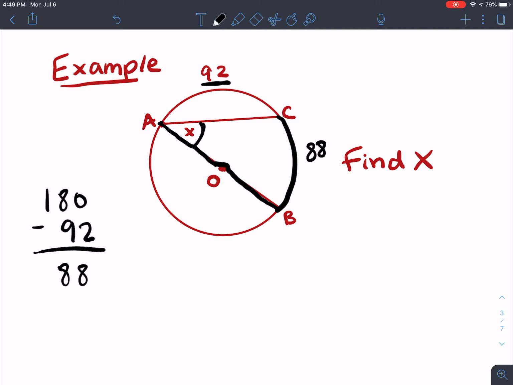And now we have to find x. So if we divide this measure by 2, we'll find x. So 88 divided by 2 is equal to 44. So x is equal to 44 degrees. So basically the measure of this angle is twice the measure of this arc right here.